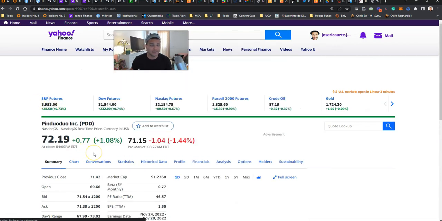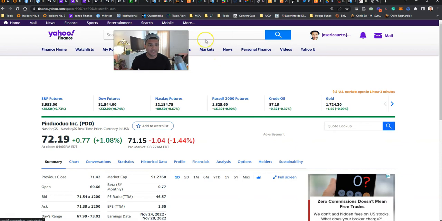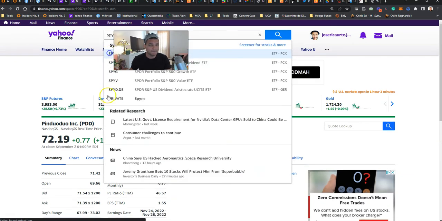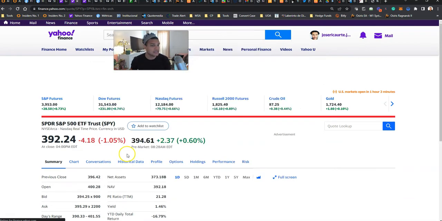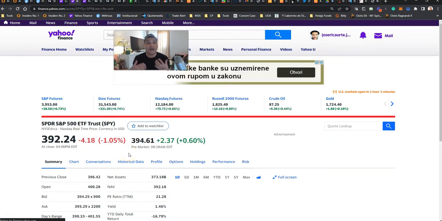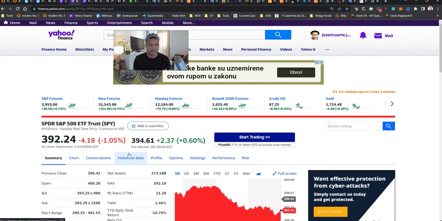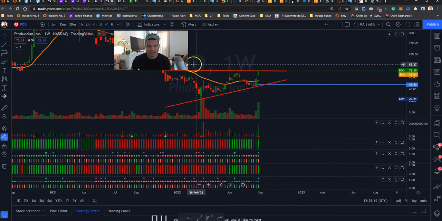So it closed last week up 1.1%. The S&P, SPY, closed at minus 1%. So what do I want to buy? I want to buy strength. Buy the strong one, and be ready to sell weakness. That's what it is.